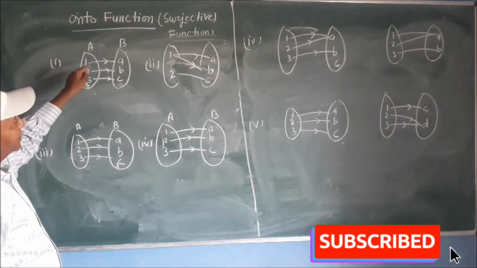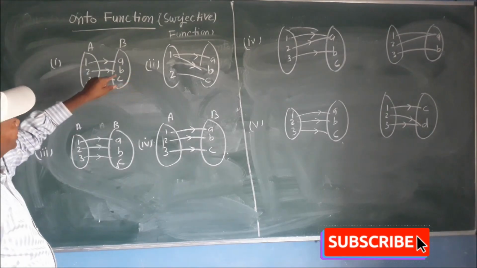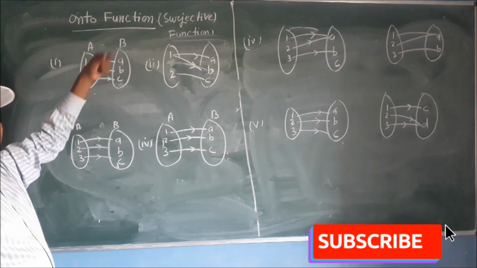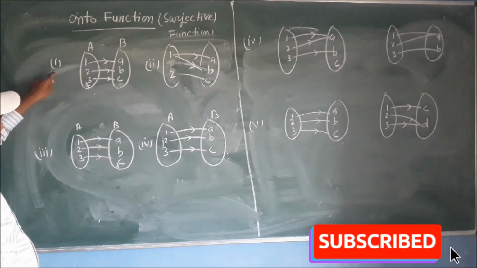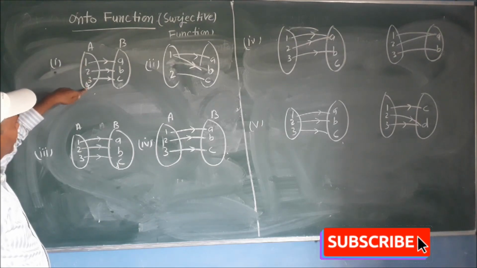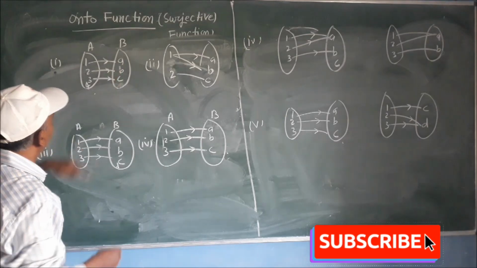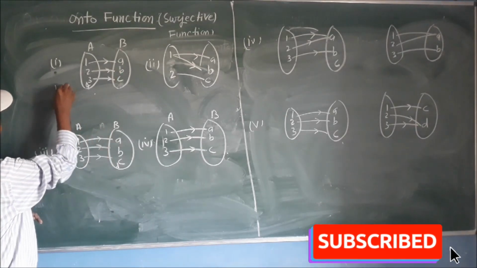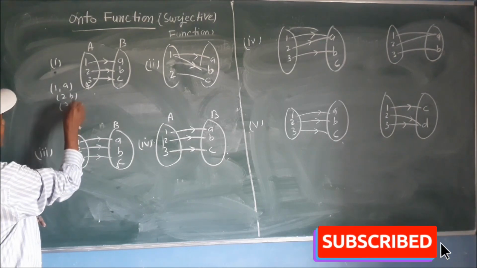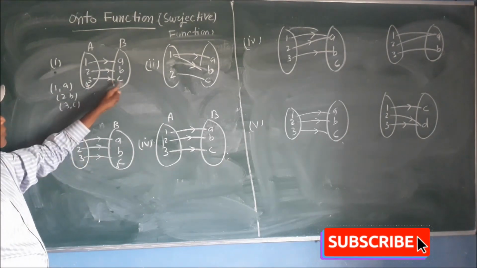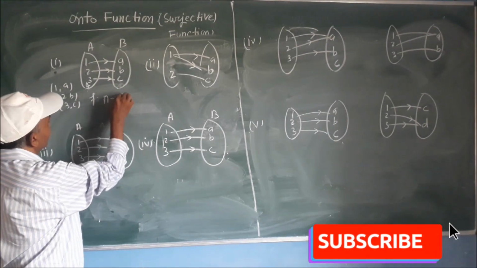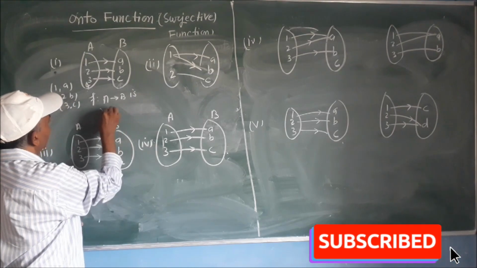Here are some examples. Watch them and tell me which function is one-one, which is onto, and which is both one-one and onto. Check the first example. Its elements are 1, 2, 3 and 4, and here A, B, C. So 1 has image A, 2 has image B, 3 has image C. But here is an element 4 which has no image in B. So we can say that f such that A tends to B is not a function.